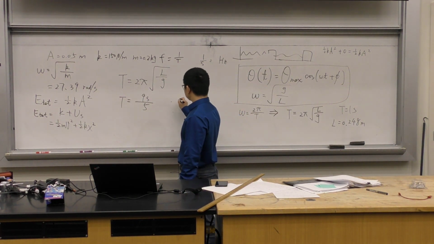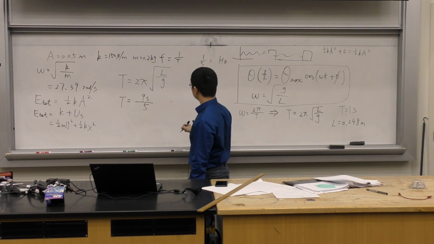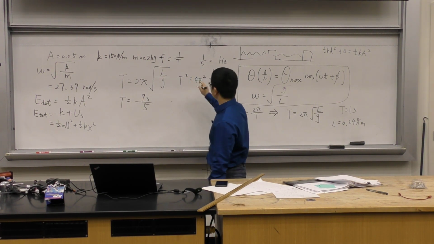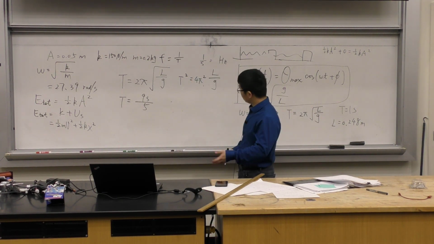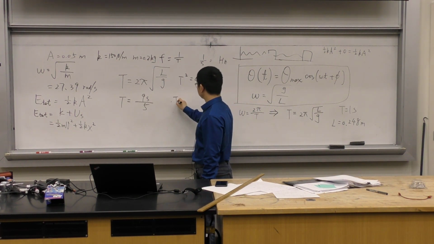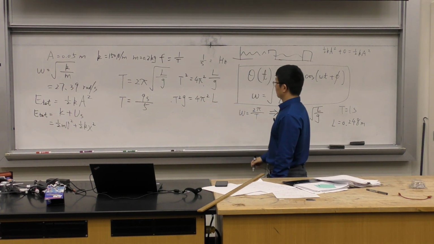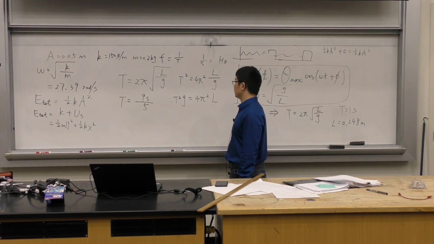Now let's rearrange this equation. I don't like square roots, so I would square both sides. I also don't like denominators, so I would multiply both sides by the denominator. How do I find little g?